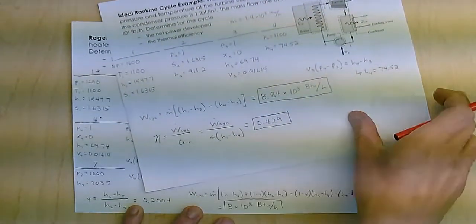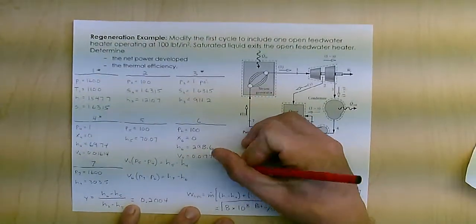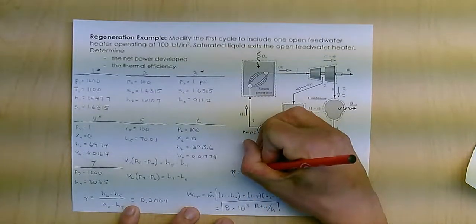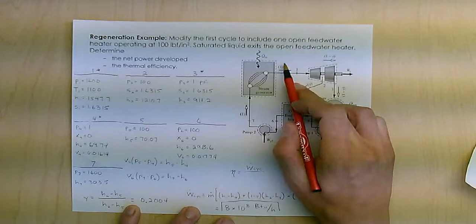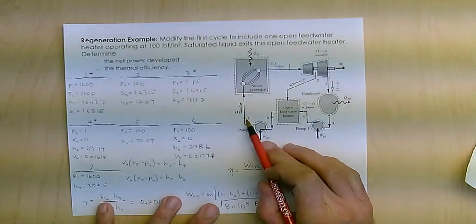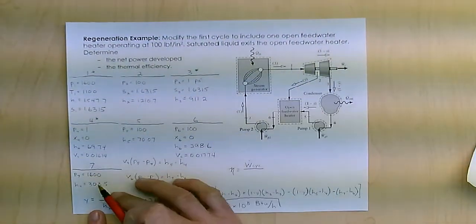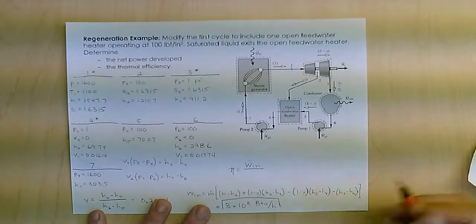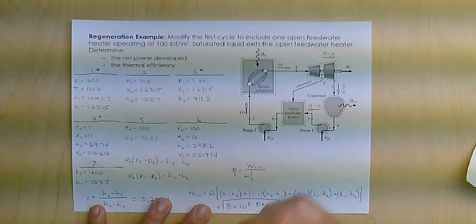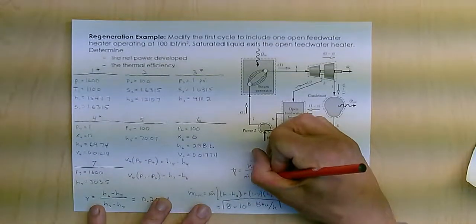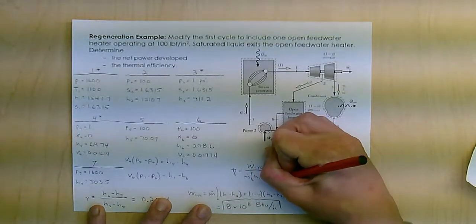However, my Qin is going to be smaller now, so hopefully my efficiency will improve, which is going to be the work of the cycle over my Qin. Qin is right here, where I'm going from state 7 to state 1, where state 7 is a little warmer than it was going into the previous boiler. So that's going to be all of the mass flow times (H1 minus H7).